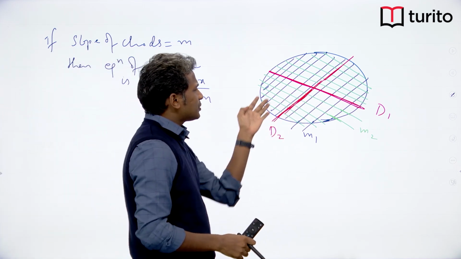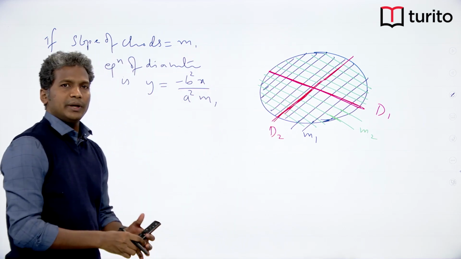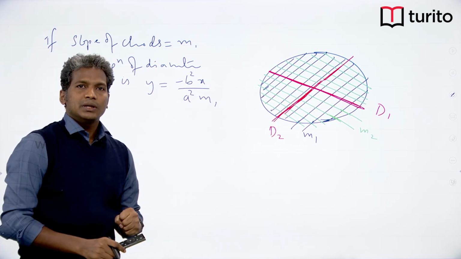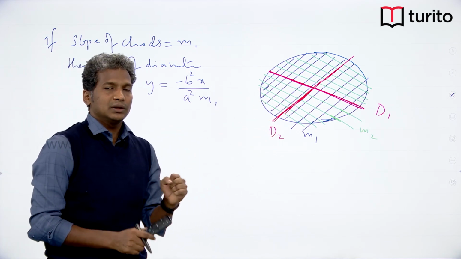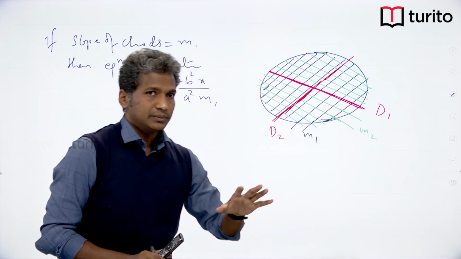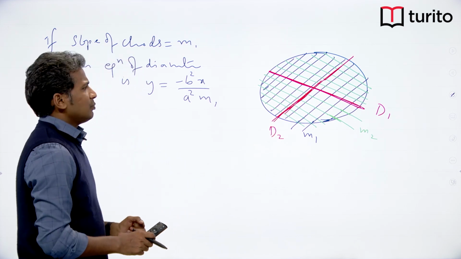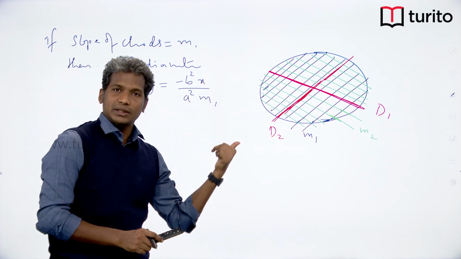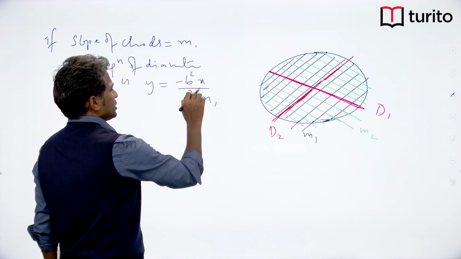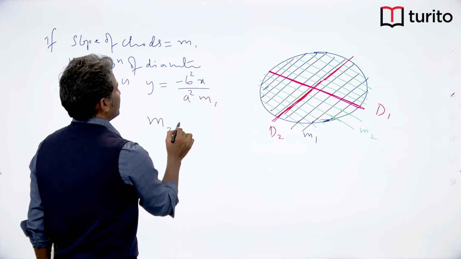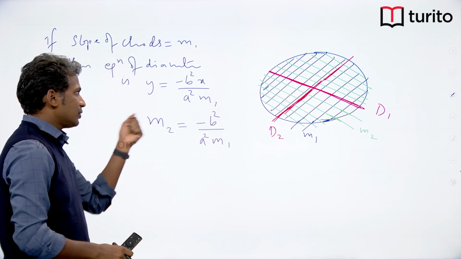So, if I take the slope of chords as M1, then the equation of the diameter will have slope minus b square by a square M1. We are claiming that the chords of the other diameter have slope M2, because those chords are parallel to this diameter. So, this slope, minus b square by a square into M1, must be equal to M2.